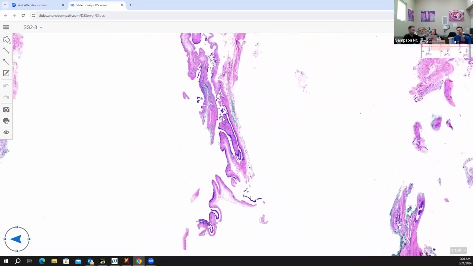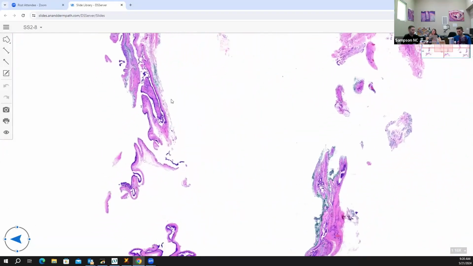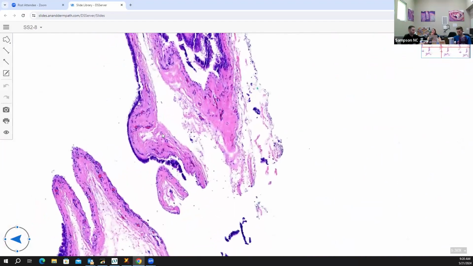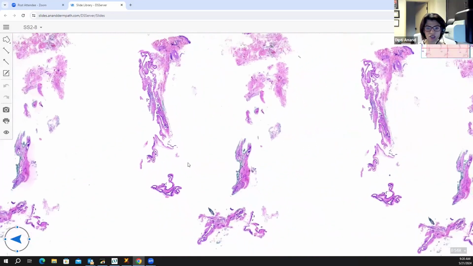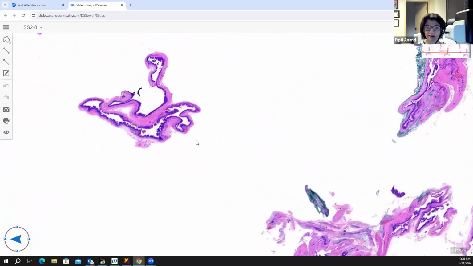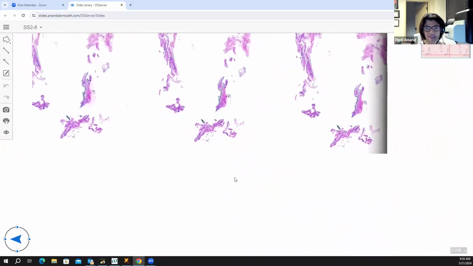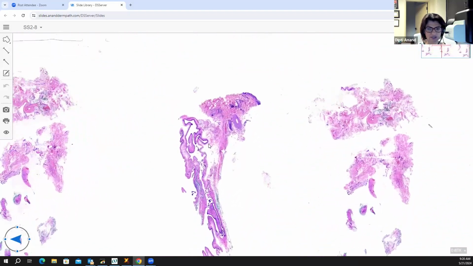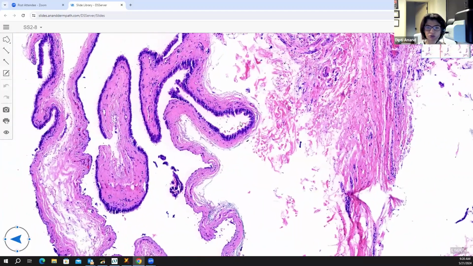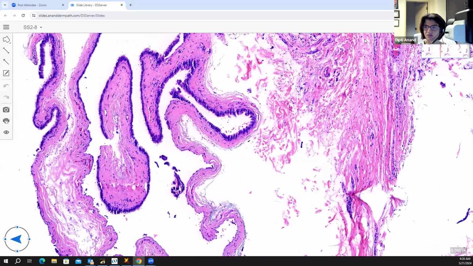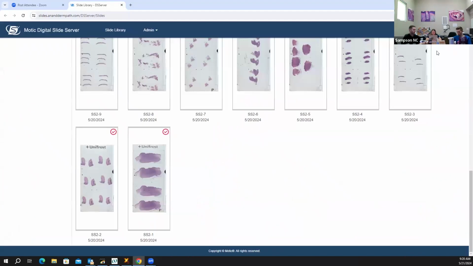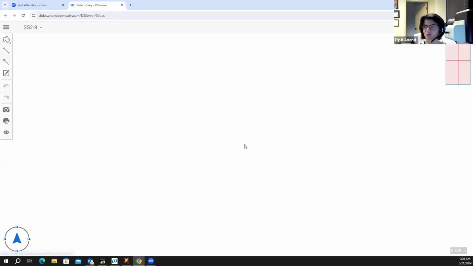The lining looks very thin, like there might only be 2 layers, so maybe a hydrocystoma. Yep. Apocrine hydrocystoma or an apocrine cystadenoma, because it's a little convoluted and complex, but either one of them would be the correct answer. Yes. So everybody good with that? Yes. Let's go to the next one.